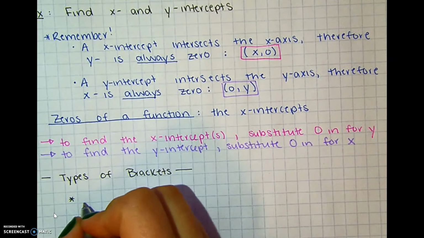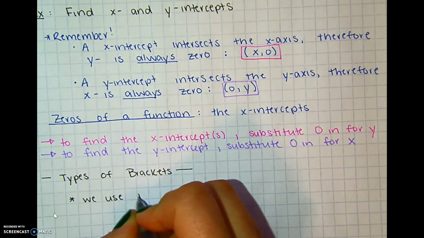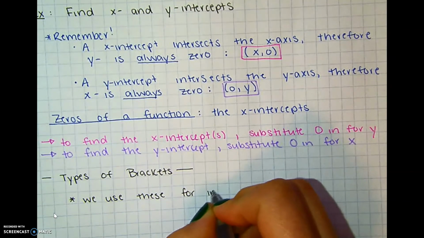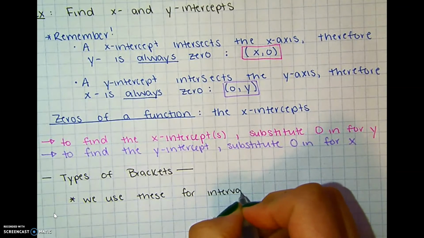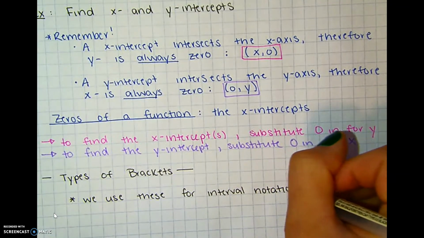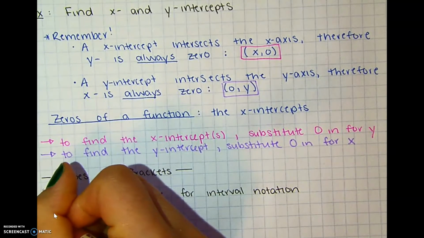They're used for interval notation. And then there's two types that we're going to be working with. The first one is a hard bracket.